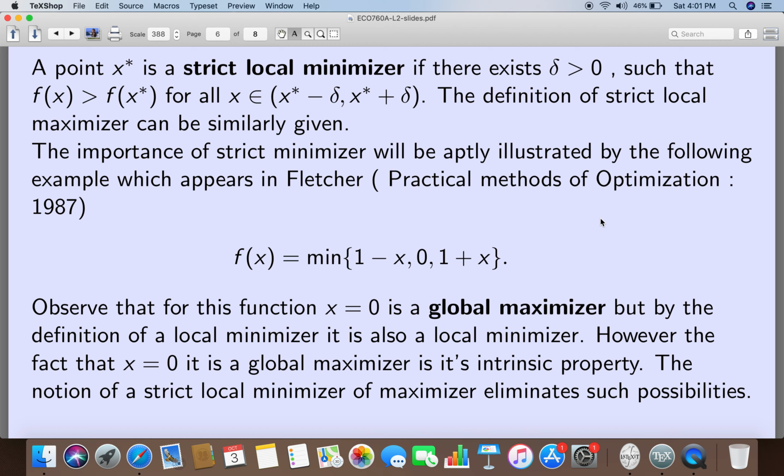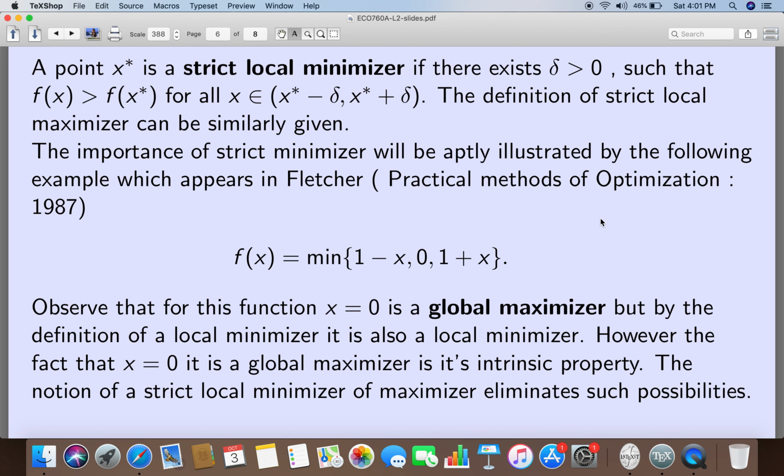So it is 1 minus half is half, it is 0, 1 plus half is 3 by 2. What is the minimum of these values? 0. So you plug in an x and compute these three functions 1 minus x, 0 and 1 plus x. Find the minimum of these three and that will be the value. So x equal to 0 becomes a global maximizer here, right?